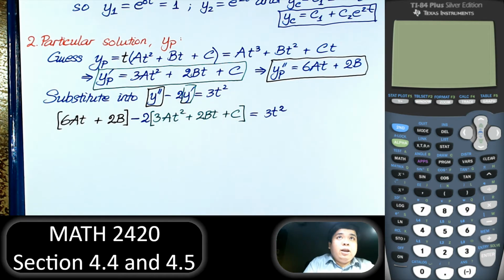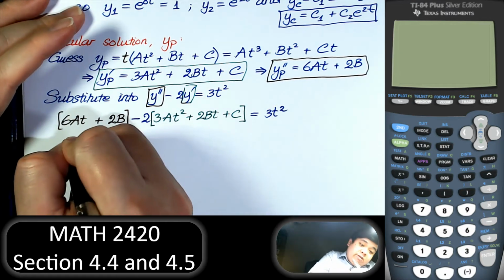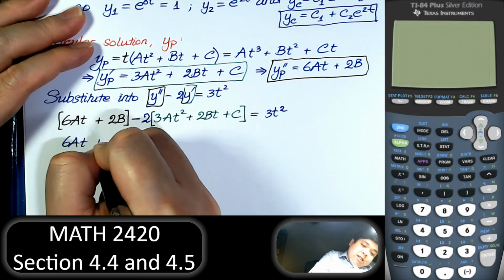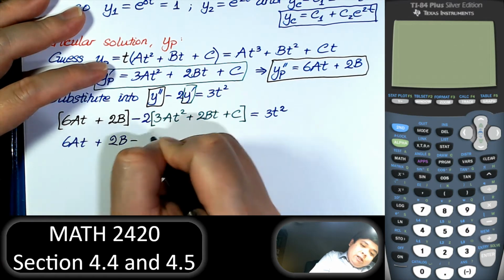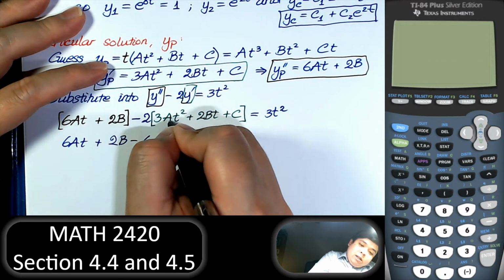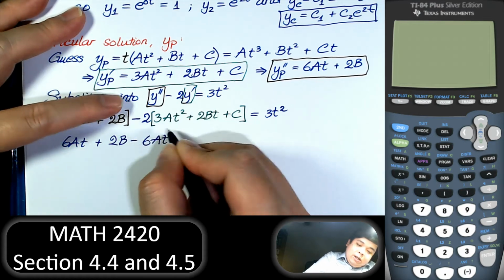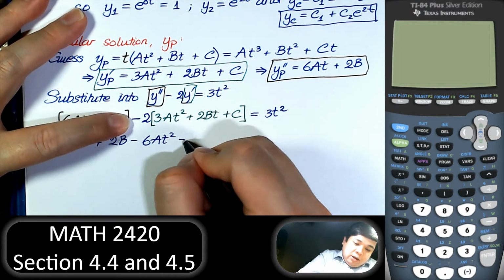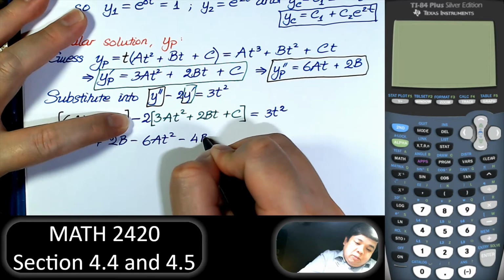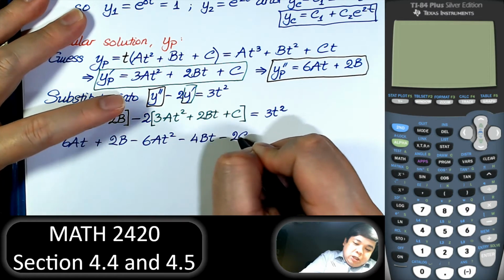Now multiply them out and combine like terms. Of course, you can multiply them out, or just combine like terms the way I did earlier. For this one, let's just multiply them out, since it's simple enough: 6at plus 2b, minus 6at squared, minus 4bt, minus 2c.